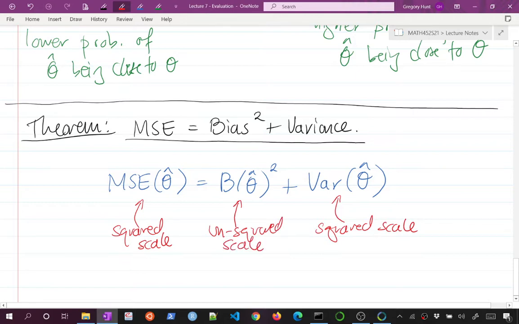So in order to put it on the right scale, you square it. That's one way of thinking about what's going on here. It's like how you take the square root of the variance with standard deviation, so it's on the original scale. In this case, we square the bias, so it's on the right scale. That's a heuristic. The reason the theorem is true is because we can prove it's true, but it's a nice heuristic for understanding what's going on. So it turns out that the MSE is the square of the bias plus the variance. Basically, if you combine the variance and the bias, you get the MSE.